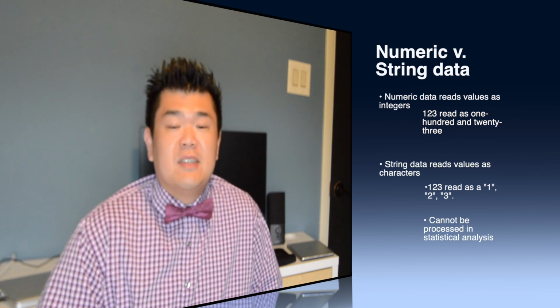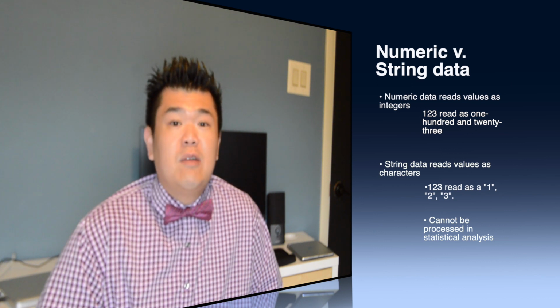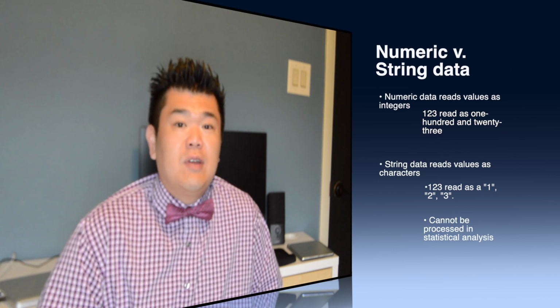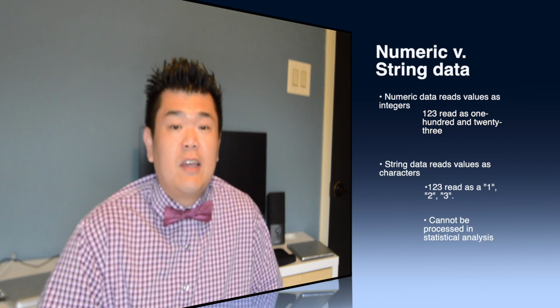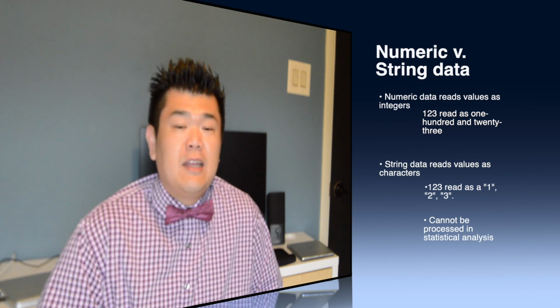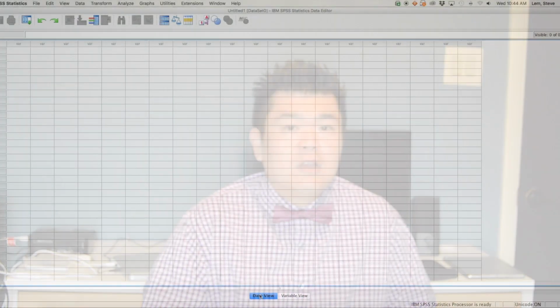If the variable is set to string data, the computer sees it as 3 separate characters stuck together, in this case a 1, 2, and a 3. A 1, 2, 3 as a string is not equivalent to 123 as a numeric value. So oftentimes students will incorrectly, or perhaps by mistake, assign a variable as a string variable, and the computer won't read it as numeric, won't conduct any analyses, and causes students lots of frustration.